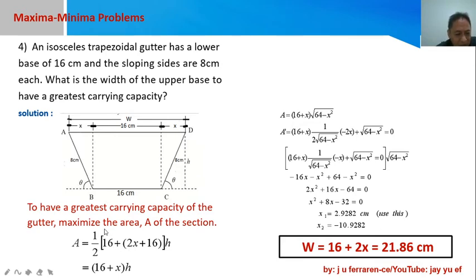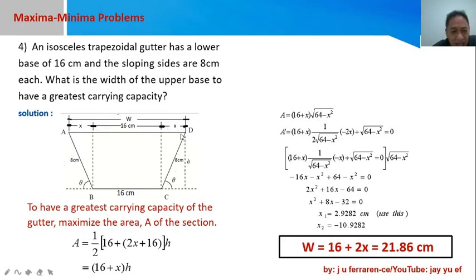If you factor out the 2, you arrive at 16 plus x. But the 2 can be eliminated with the 1/2. So your area is equal to the quantity 16 plus x multiplied by h. Again, there's the presence of two independent variables, x and h, so I can look for further relationships between x and h.